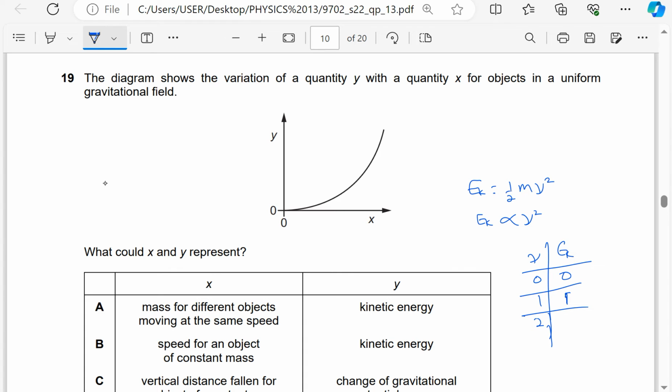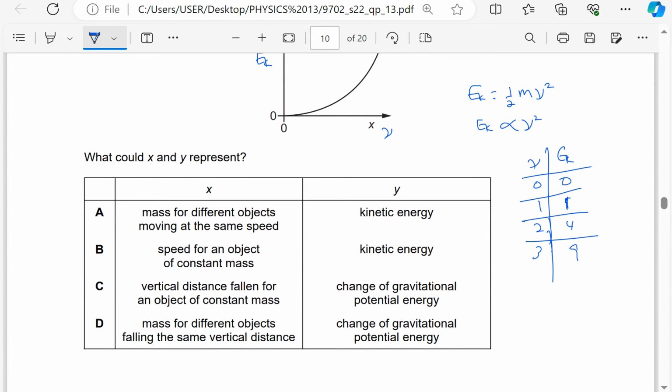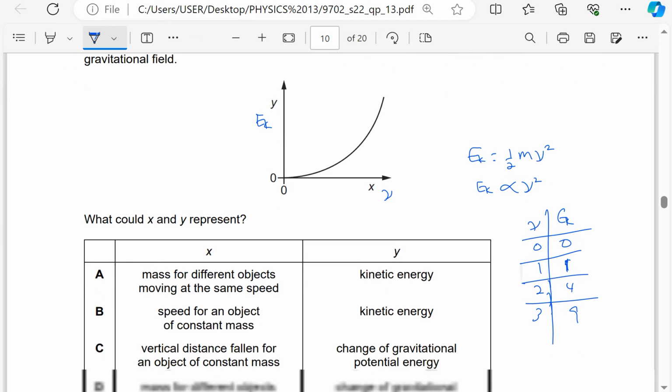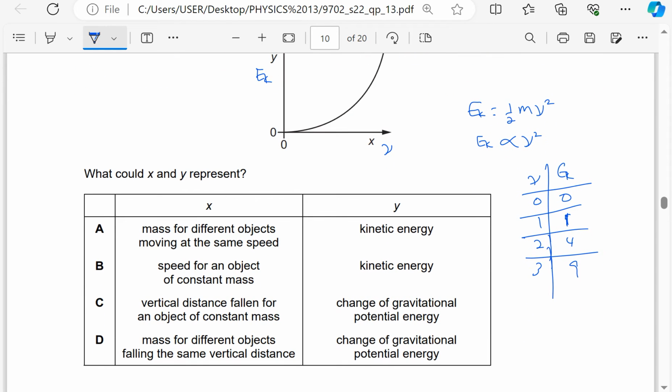When v is 2, ek is 4. When v is 3, ek is 9. You notice that ek increases more rapidly than v, so that is a curve going upwards. So most likely y is kinetic energy, and x should be the speed. That is a curve of increasing gradient, so it cannot be the straight line in the diagram.